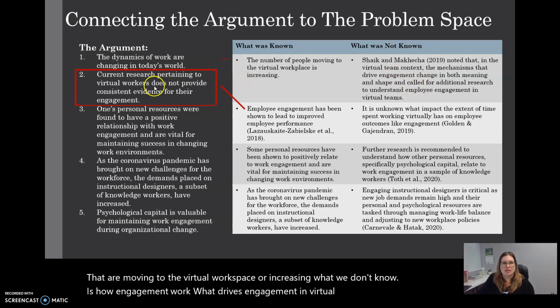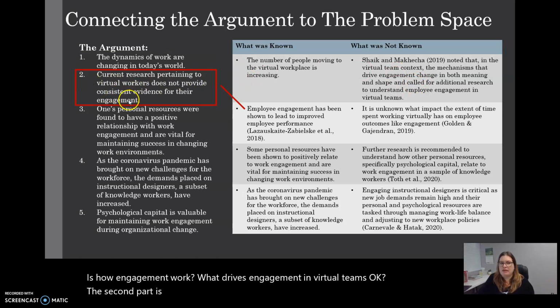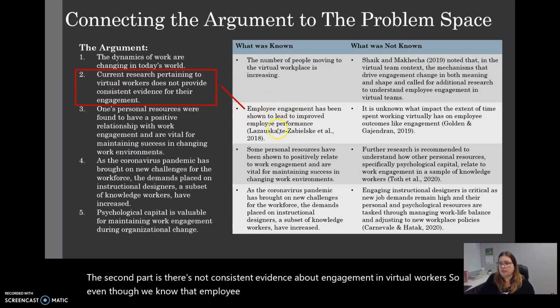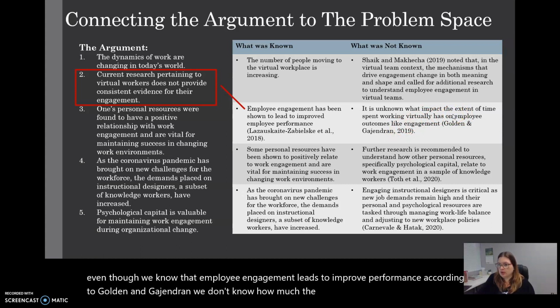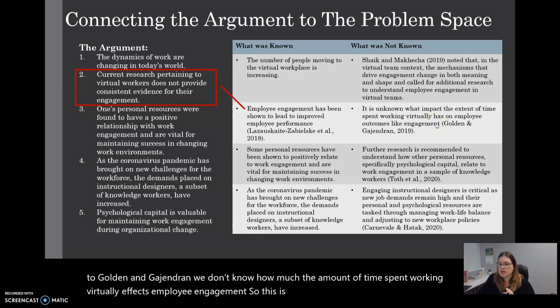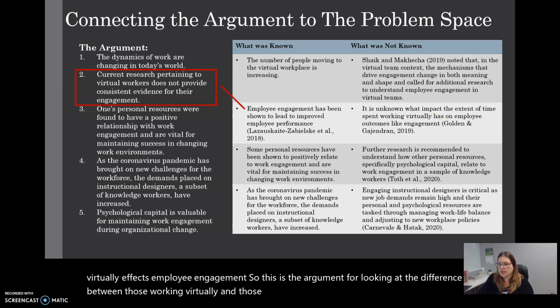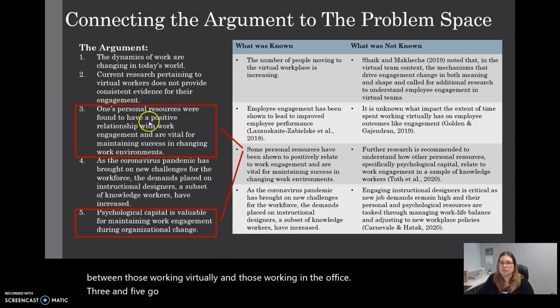Okay. The second part is there's not consistent evidence about engagement in virtual workers. So even though we know that employee engagement leads to improved performance, according to Golden and Gajendran, we don't know how much the amount of time spent working virtually affects employee engagement. So this is the argument for looking at the difference between those working virtually and those working in the office. 3 and 5 go together because it talks about the personal resources and the relationship of psychological capital.